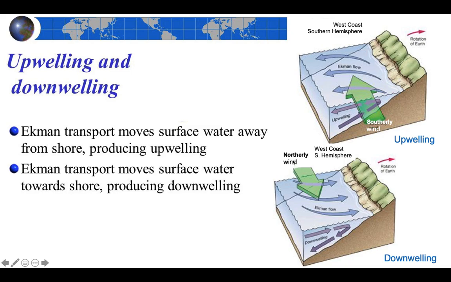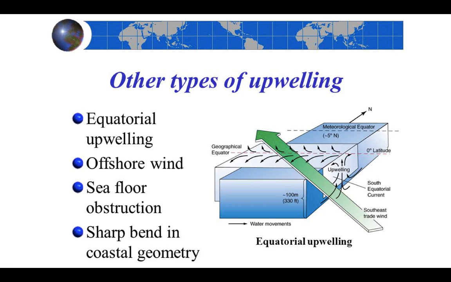This northerly wind, combined with Ekman transport and Ekman flow, pushes the warm surface water up against the continental margin. That surface water has nowhere to go but dive deeper into the water, and that causes downwelling. Downwelling, of course, is extremely harmful for marine life, because it diminishes all the nutrients in the surface water.